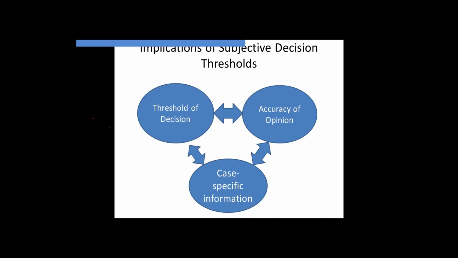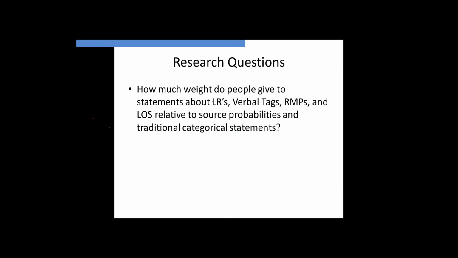So this all has implications for how we characterize and talk about results. So these connections have to be considered carefully. Now, moving on to the second half of my talk, I've tried to outline some of the logical difficulties with different approaches. The research questions are questions about how do these different presentations affect people's perception of the strength of the evidence?